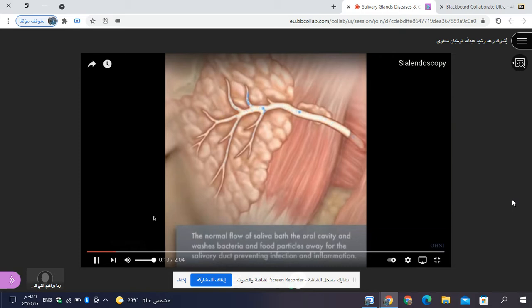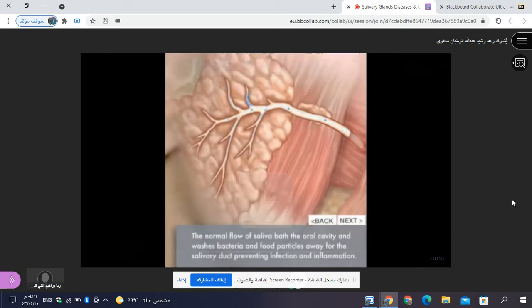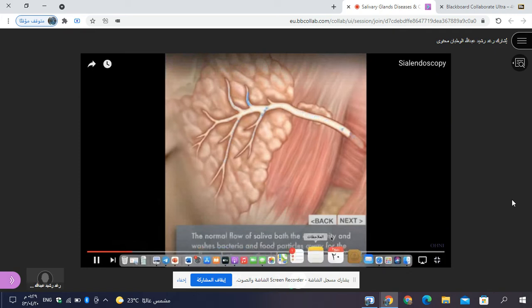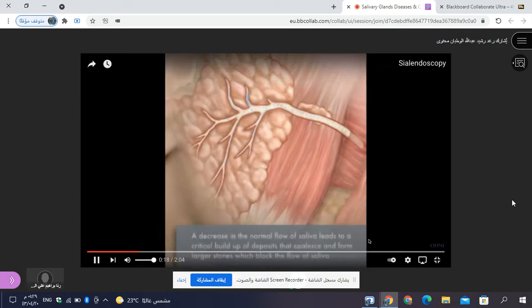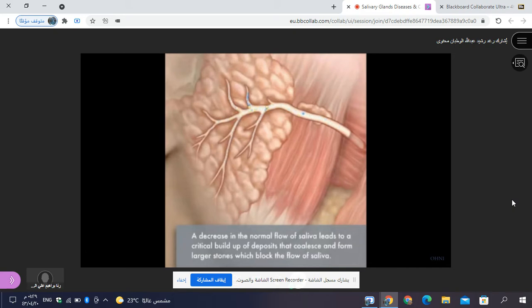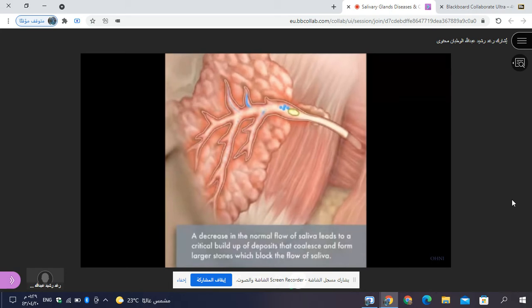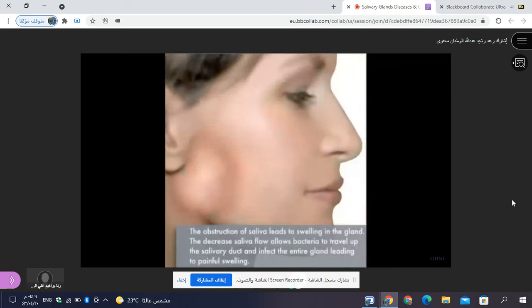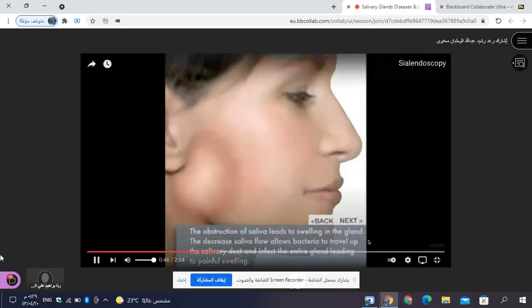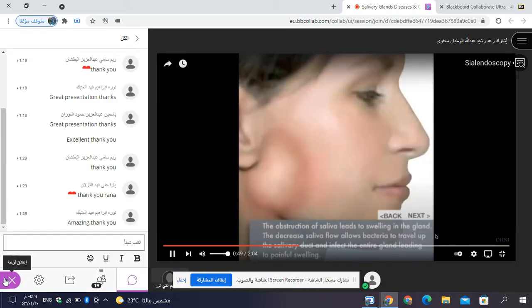Okay, this is the video for an endoscopy. As you can see, here is the slow flow of the saliva, and this will lead to infection and stone formation, mainly calcium carbonate. There will be infection and painful swelling of the gland.